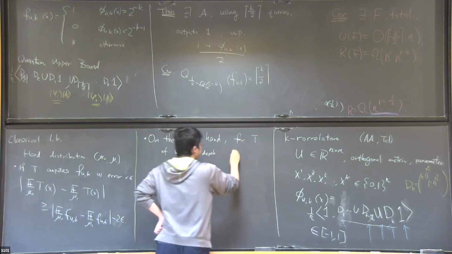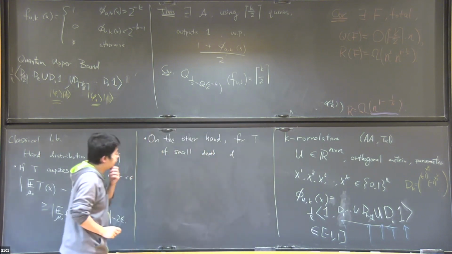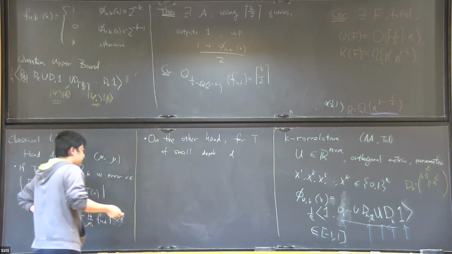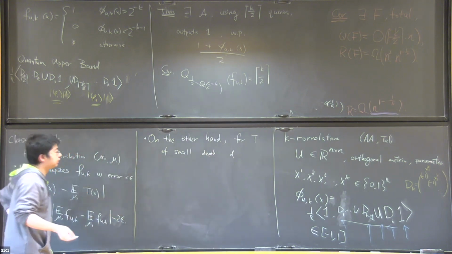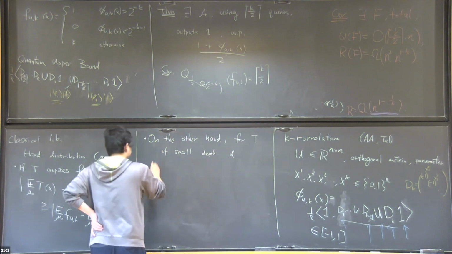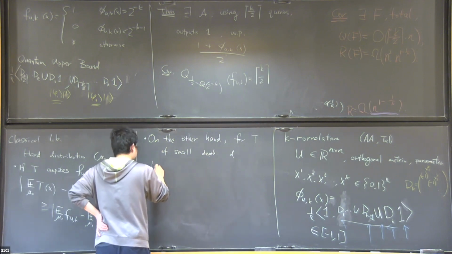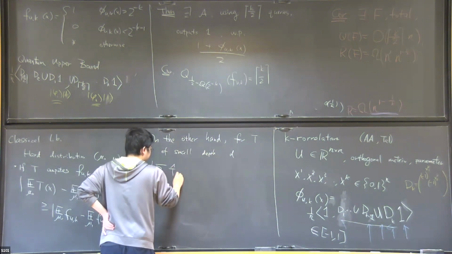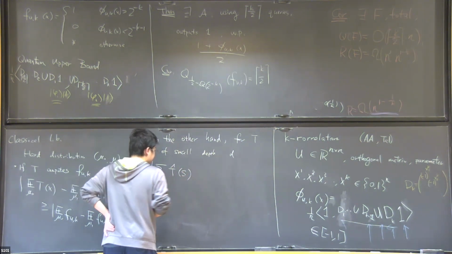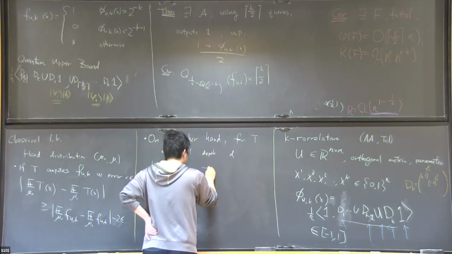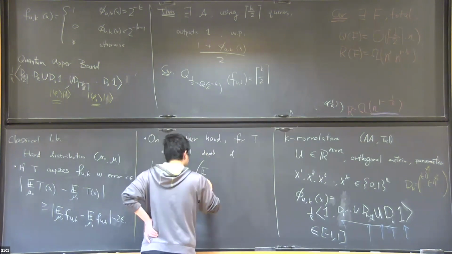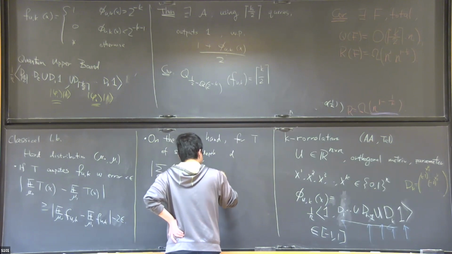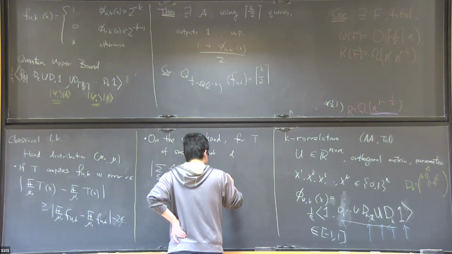And we will use a Fourier analytic argument. So as a first step, we just apply the Fourier expansion to our tree T. We will write it as a summation of Fourier coefficients times the difference between the expectations over the characters.